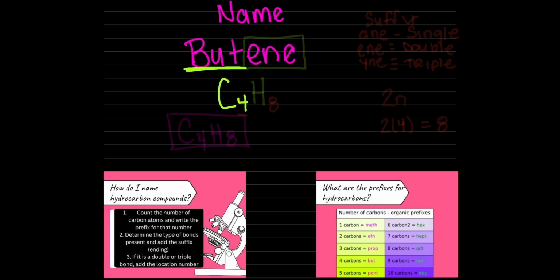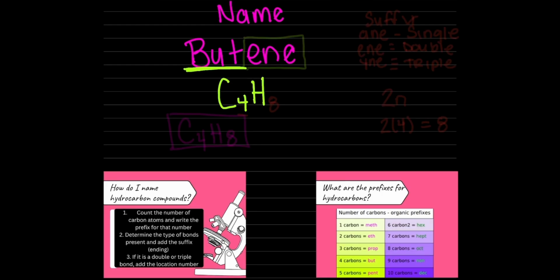Then, once I identify my number of carbon atoms, I want to identify my number of hydrogens, because in a hydrocarbon, you're going to have a carbon atom and a hydrogen atom. This is very, very important. Get it? Hydrocarbon? It's in the name.